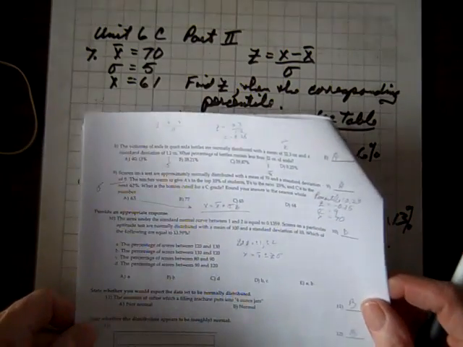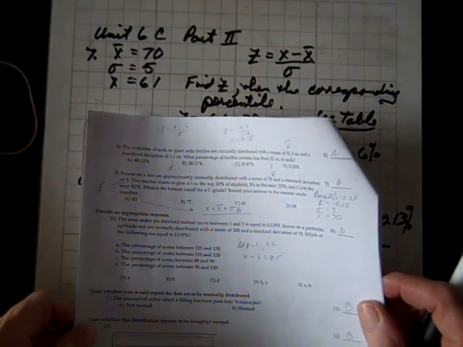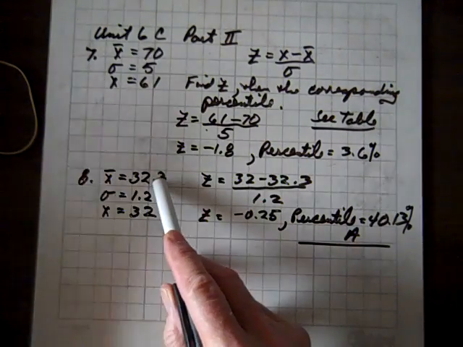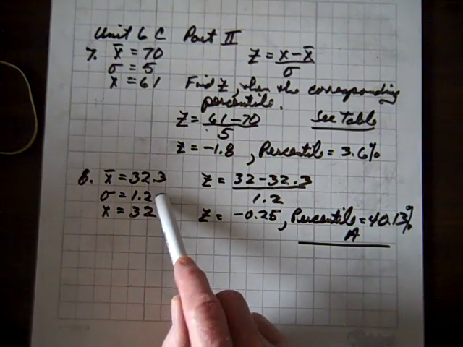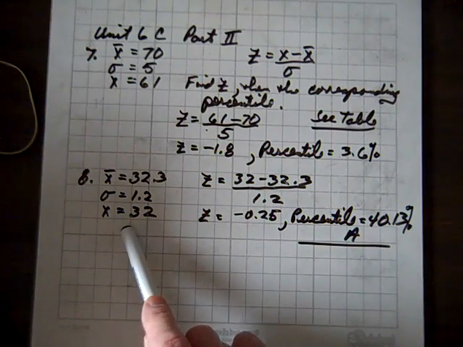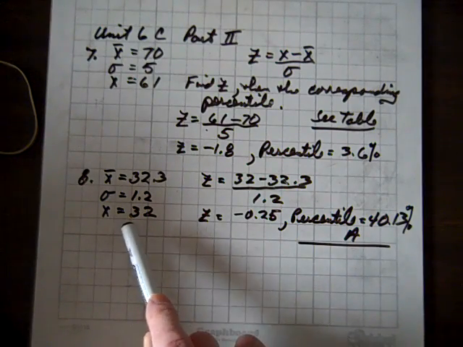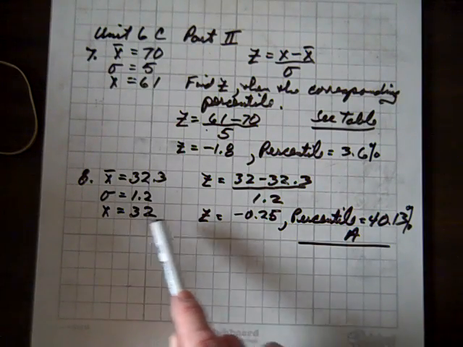we're given that the volumes of soda in quart soda bottles are normally distributed with a mean of 32.3, a standard deviation of 1.2, and we want to know what percentage of bottles contain less than 32 ounces of soda, so x is 32.